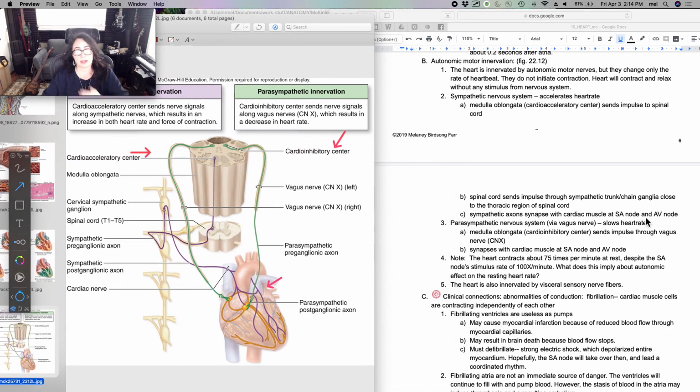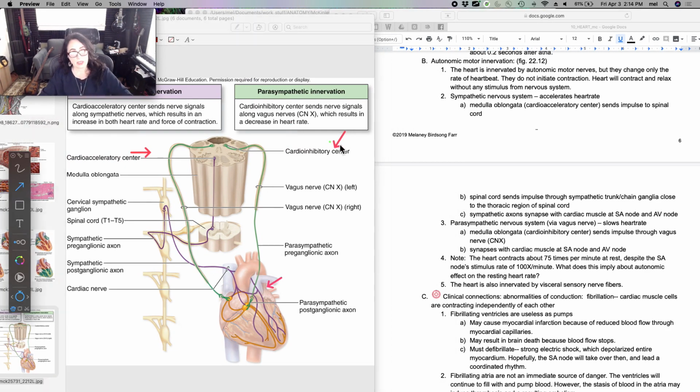Let's put this whole story together. Basically, the medulla oblongata can decide to, for instance, stimulate the sympathetic nervous system. If it did, the medulla oblongata decides that you need to increase your heart rate. Maybe there's a tiger in the room, or maybe you're exercising, or maybe there's a pandemic, I don't know.